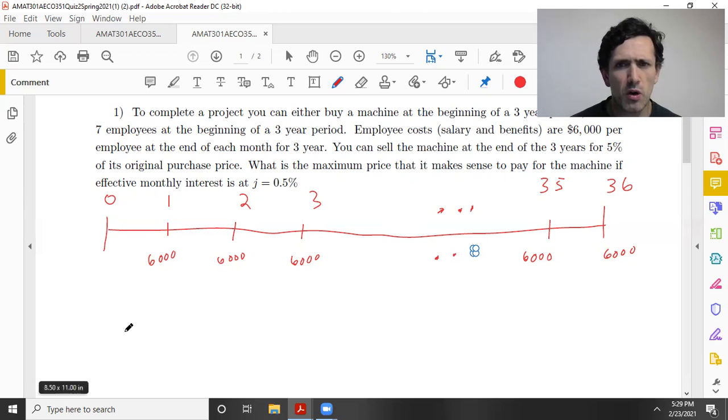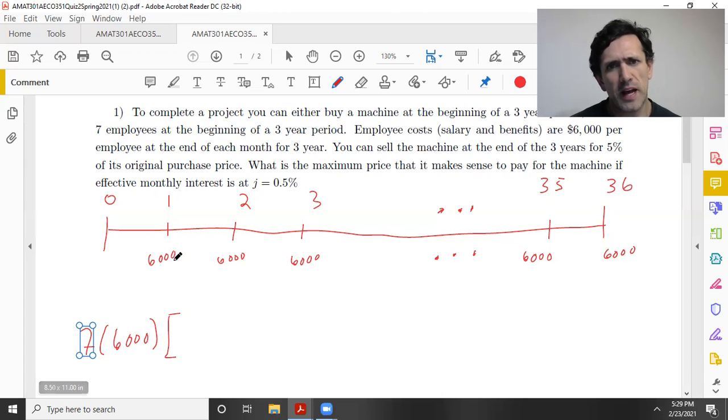So you have 7 employees. Each employee is 6,000 at the end of each month. This 6,000 earns 35 months of interest. I don't really want to write 6,000 times 1.005 to the 35, so I'm just factoring out a 6,000. This 6,000 earns 35 months of interest, so it's 1.005 to the 35.